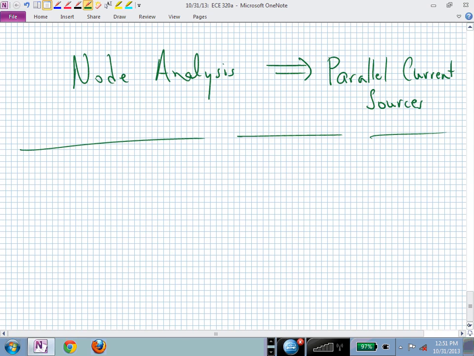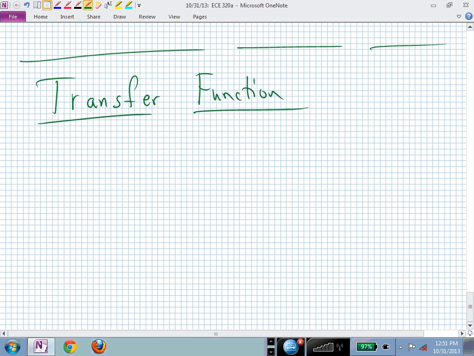Now we're ready to move on and generalize some of these ideas by introducing the topic of a transfer function. We've been using transforms, ratios of polynomials in S. The transfer function is just a generalization on that concept. Here's our definition. And it's really just an equation definition.